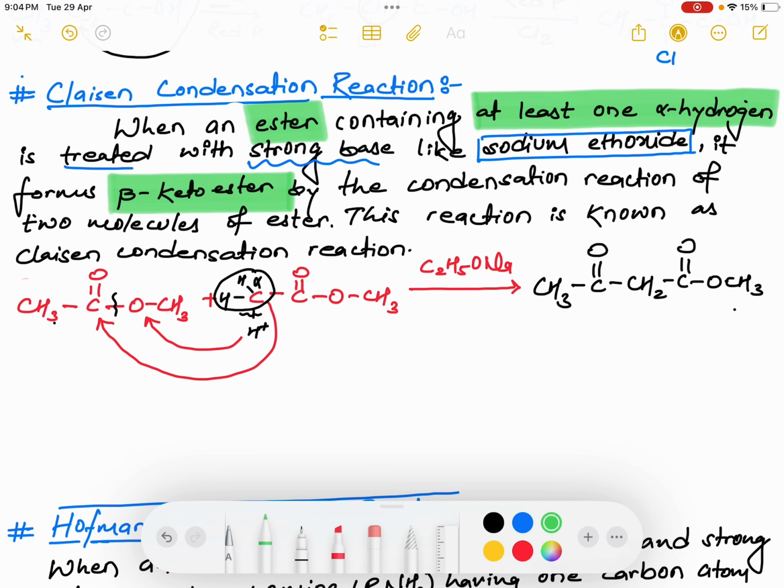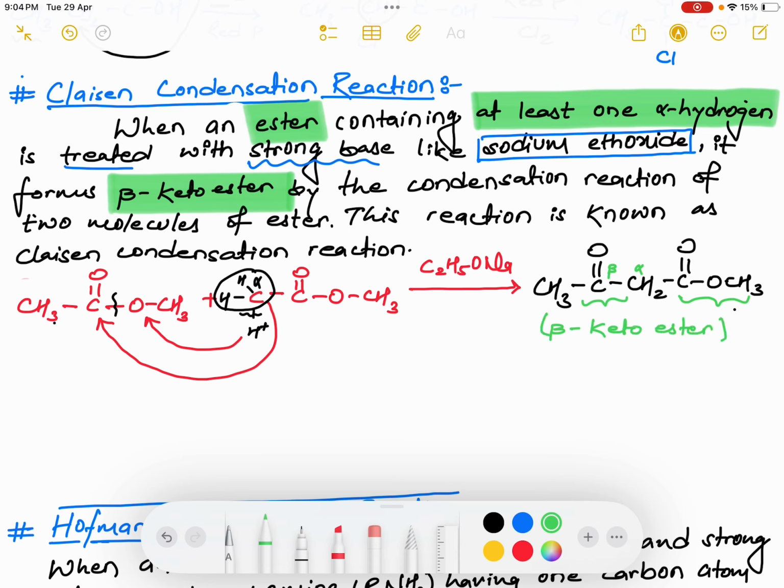So here what you can see is, this is the ester and this one is the ketonic group. This is the alpha carbon, this one is the beta carbon. So in the beta position we have keto, so we call it beta keto ester.